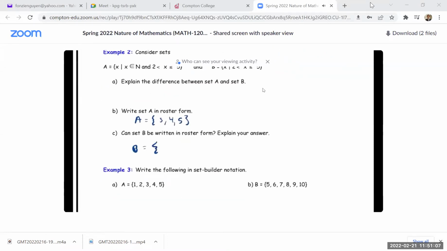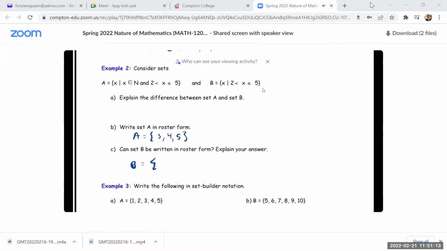Set B. It looks the same, but the only difference is this. See how this one has the element of a natural number? That means that x is a natural number, but here it doesn't say that. So this one's too difficult to write.